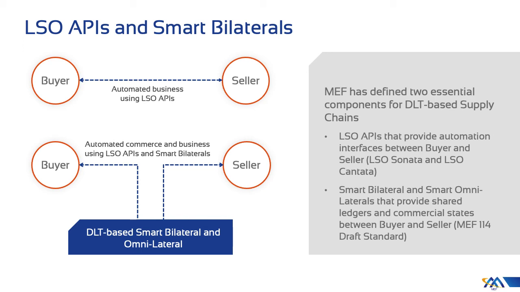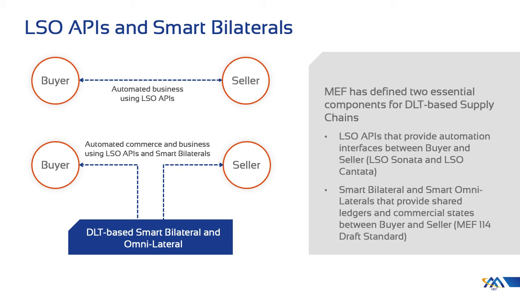We've gone further than LSO Sonata and LSO Cantata, and we have introduced work on what we call smart bilaterals. We now have a draft standard out, the industry's first for DLT-based interaction between buyers and sellers, and that's called MEF 114 draft standard release 1.